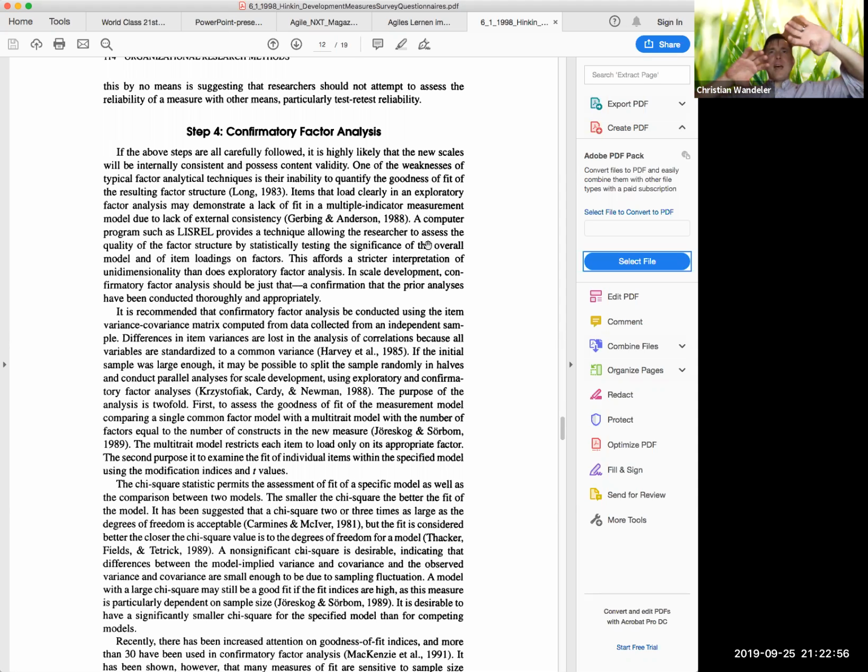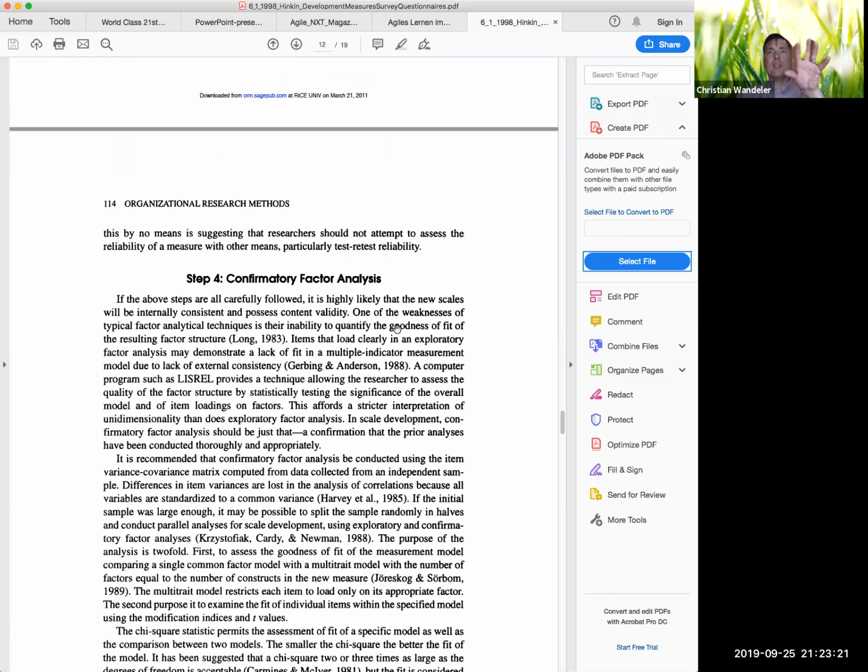And I know exactly these 4 go here, these 4 go here, and I can specify that in my model. And now you can test with your data, does my data match this model? So can I confirm the data structure with my theory?